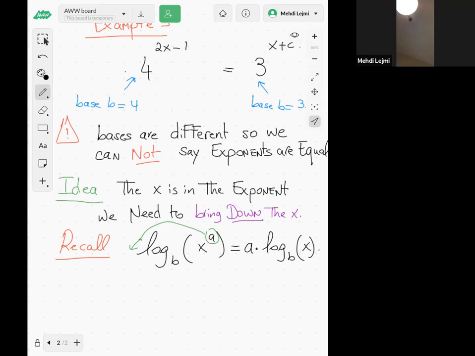So whenever you have an exponential equation with different bases, step one is to apply the natural log, that's the log in base e, to both sides.